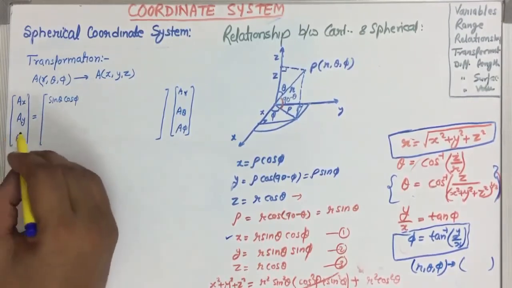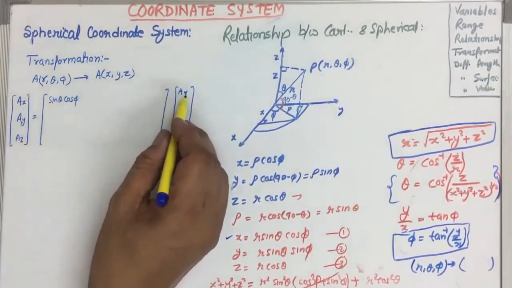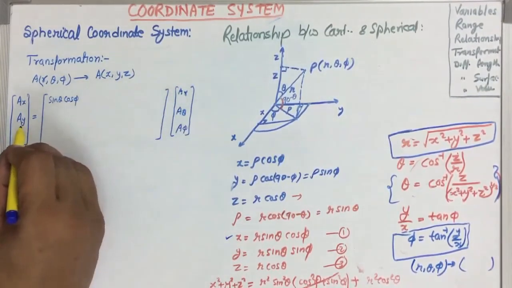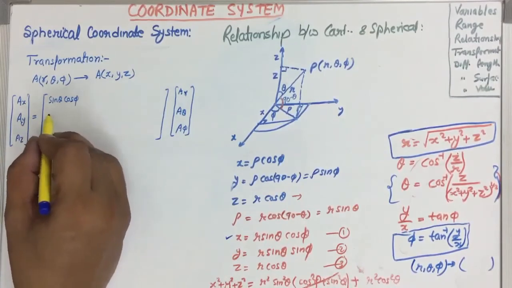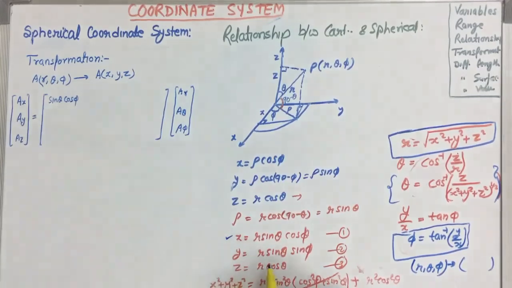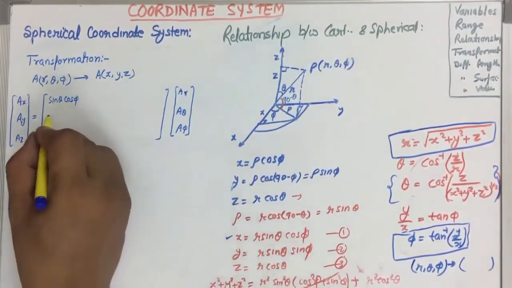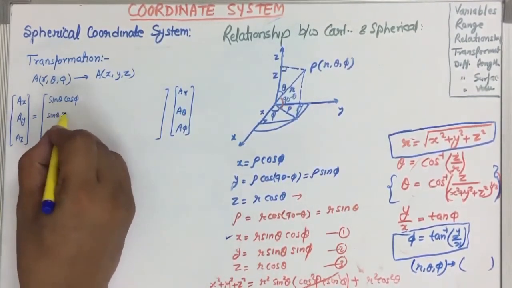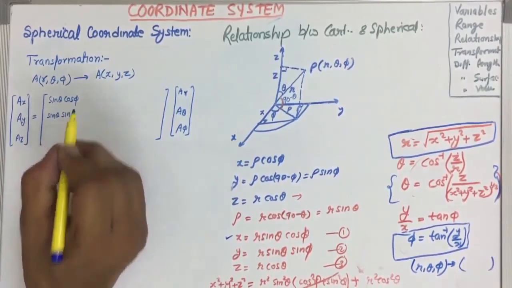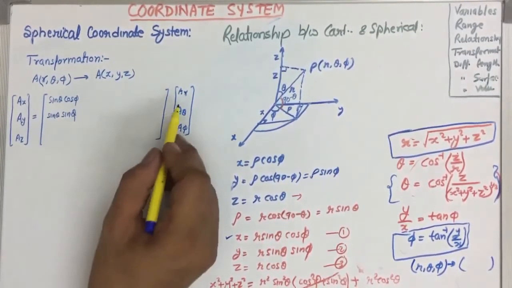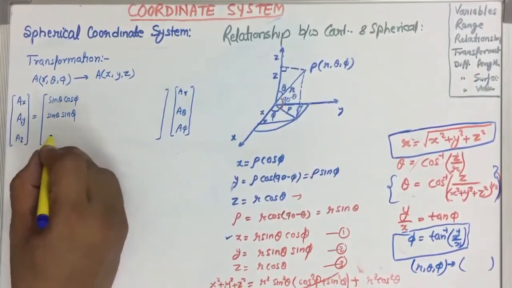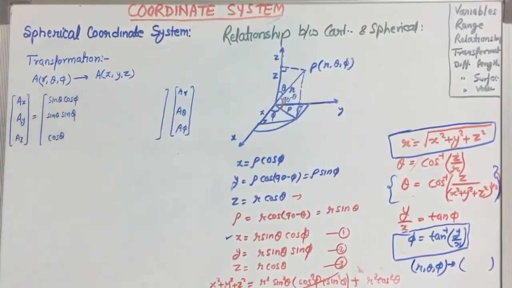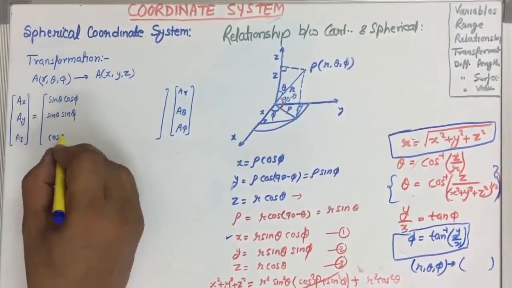And the coefficient of R in case of Y will give you the second element of this matrix, that is sin theta and sin phi. And the coefficient of R in case of Z is cos theta.